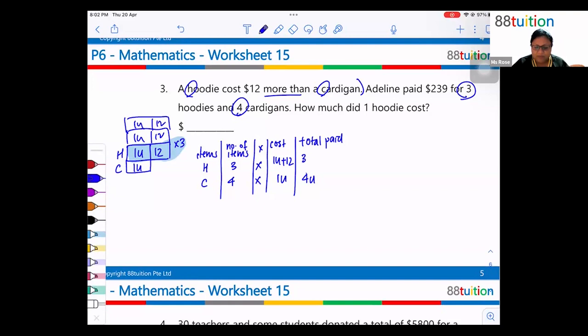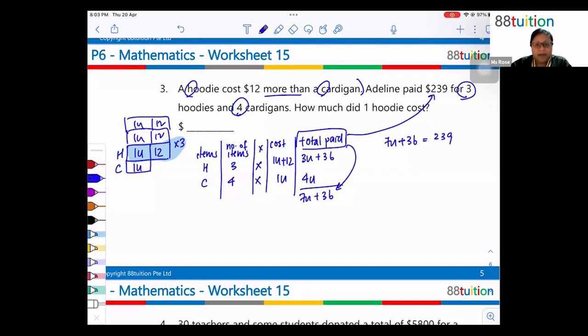So that will give me 3 unit plus 36. So my total now becomes 7 unit plus 36, which is the total amount paid. So 7 unit plus 36 must be equal to 239.